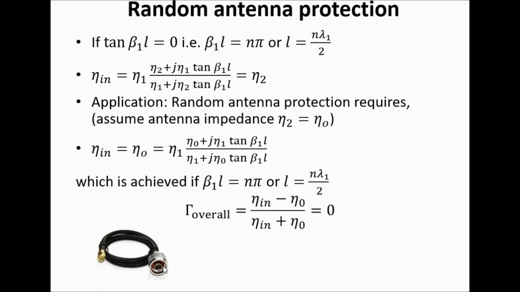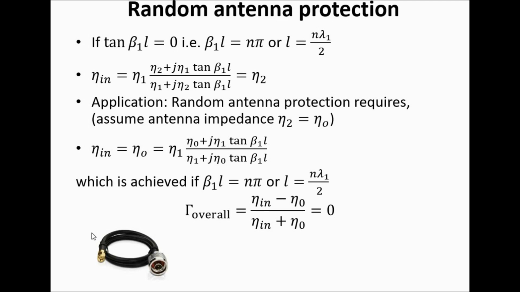So eta in will be eta 2. That means you can protect your device. This impedance is equal to this impedance, so they are matched and no reflection will take place because the impedances here and here are the same.